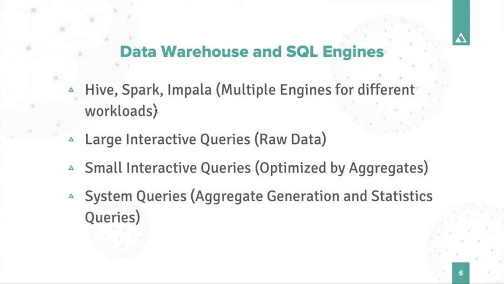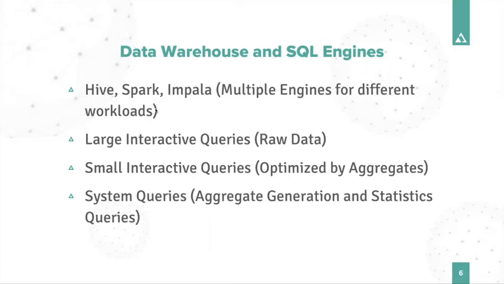So in a Hadoop environment, if you have Apache Spark and Hive, you can route your small interactive queries to Hive, and you can route your large interactive queries to Spark, and in addition, you can route your system queries to Spark as well. So based on the capacity of your SQL engines, you can assign those workloads to these three categories.